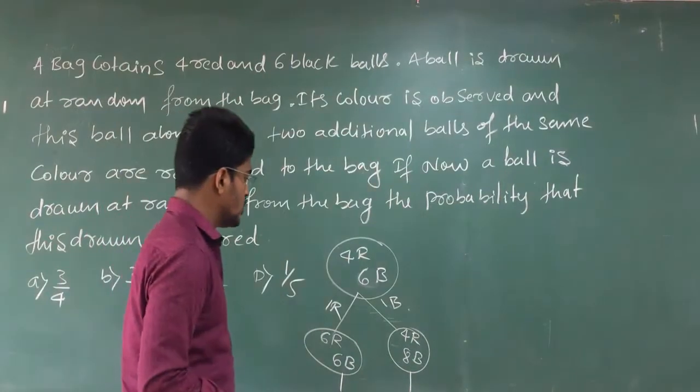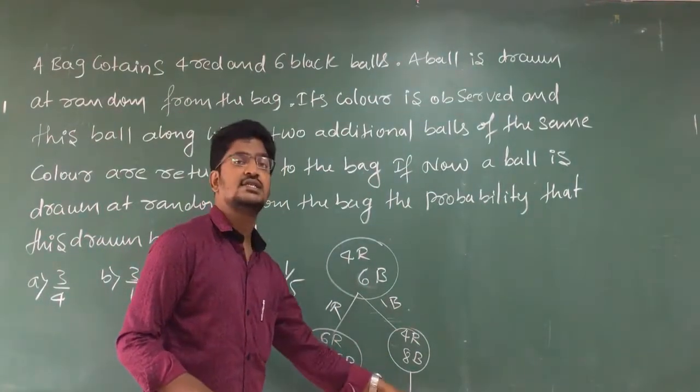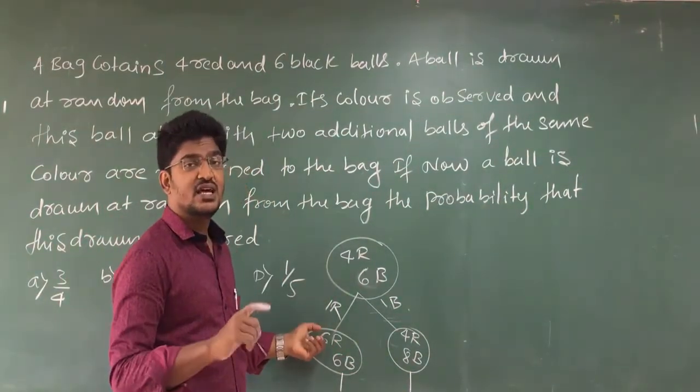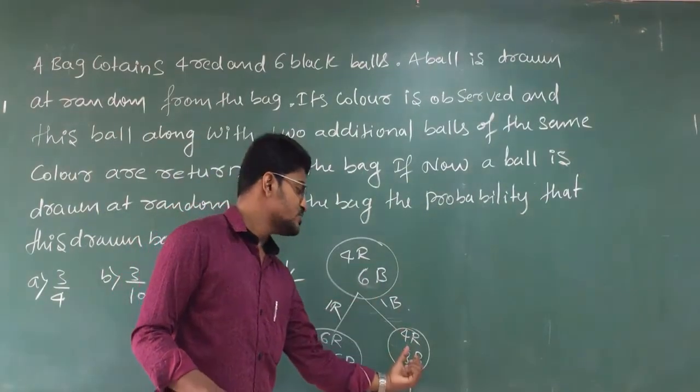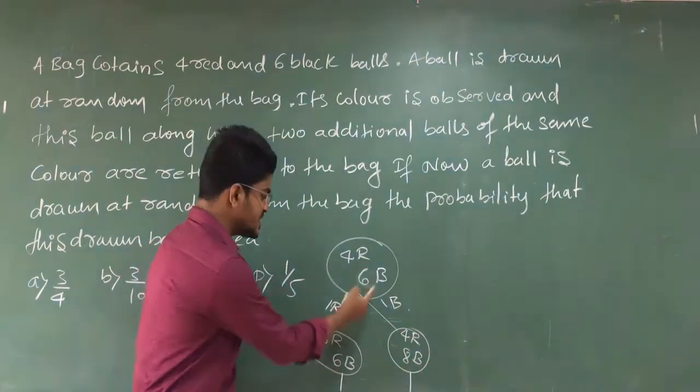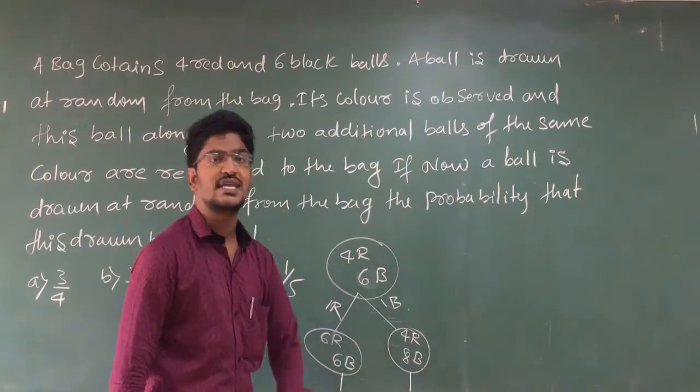So you have 2 cases. First, if it is red, plus 2 red balls. If it is black, plus 2 black balls. First I will solve this case, next I will solve the second case.